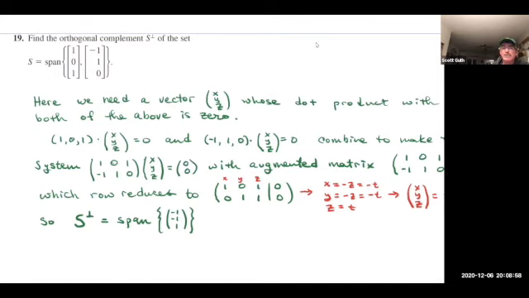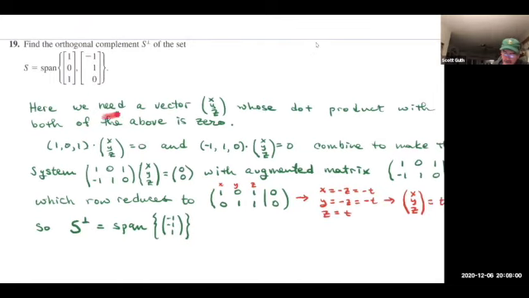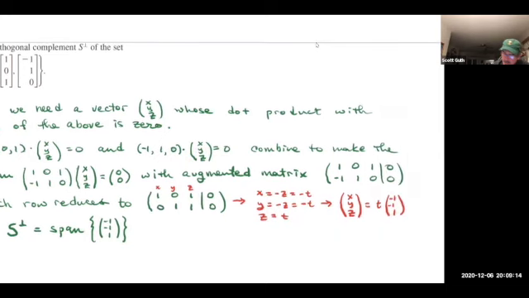Okay, so let's see here. We need a vector xyz whose dot product with both of the above is 0. So when I dot 1, 0, 1 with xyz, I need to get 0. And negative 1, 1, 0 with xyz needs to come out to be 0.